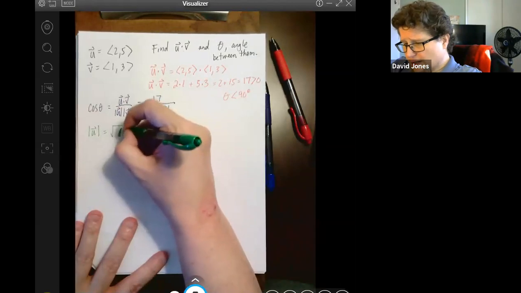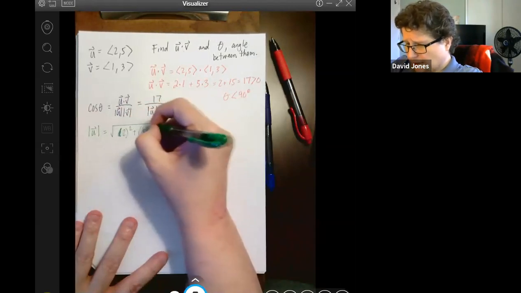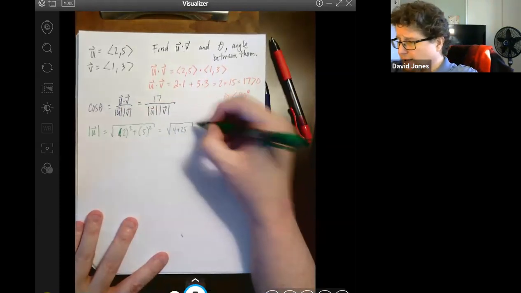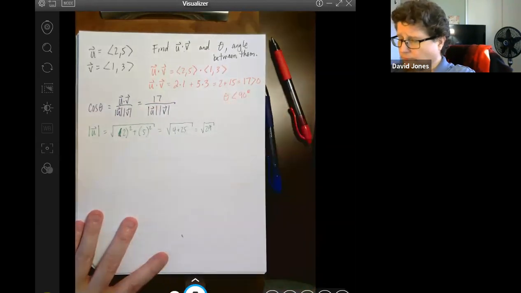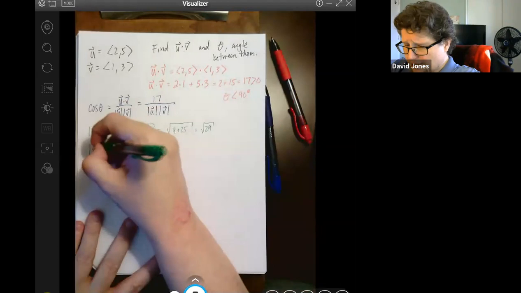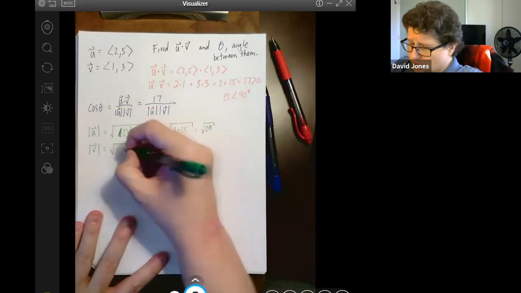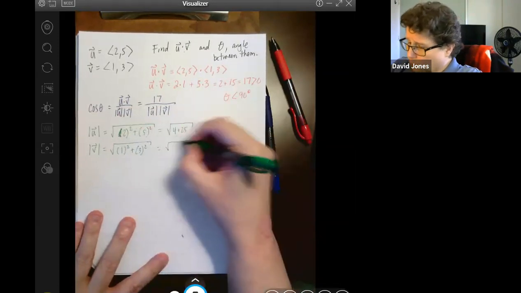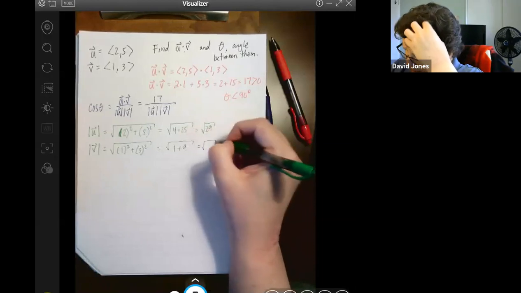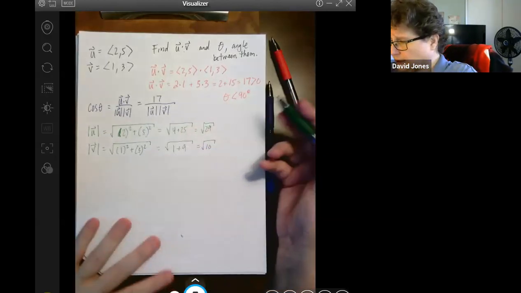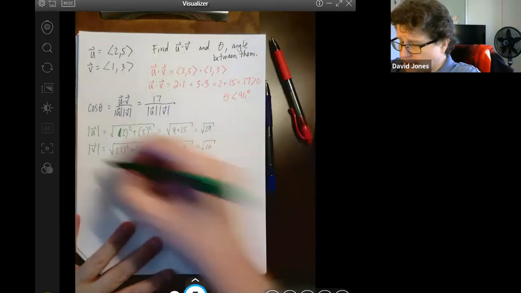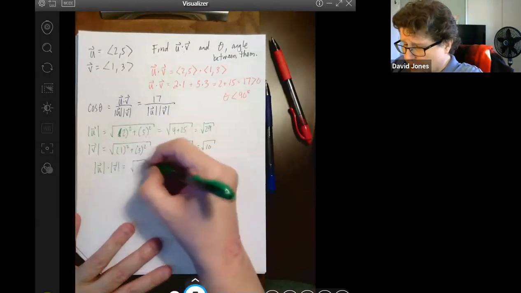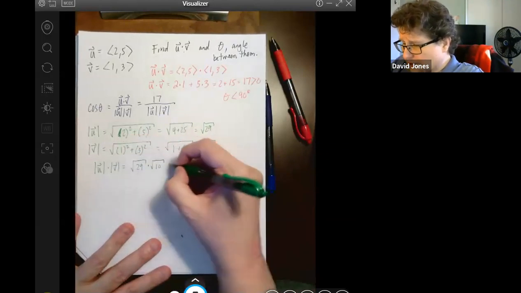We've got 2 squared plus 5 squared for u. Square root of 4 plus 25 is square root of 29. Magnitude v is 1 squared plus 3 squared. 1 plus 9 is 10. Which means the magnitude of u times the magnitude of v is the square root of 29 times the square root of 10, which is the square root of 290.